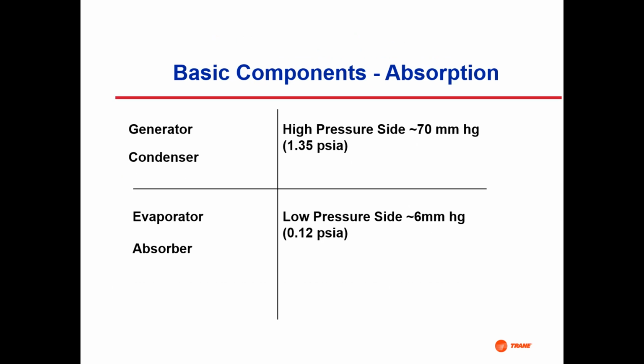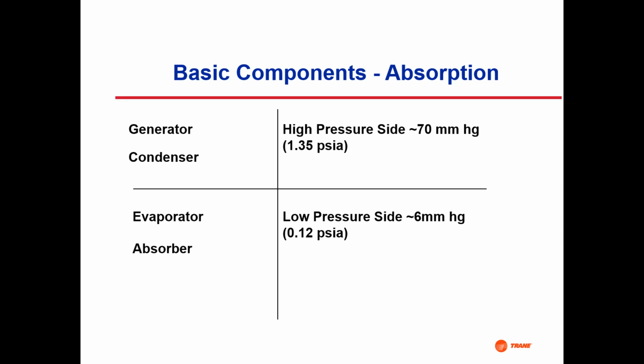So on the absorption cycle, the generator and condenser operate on the high pressure side, which is not very high. It's about 70 millimeters of mercury, which is about 1.35 psi-A.